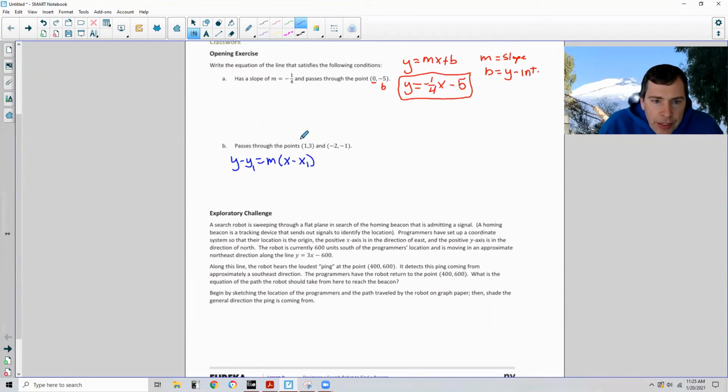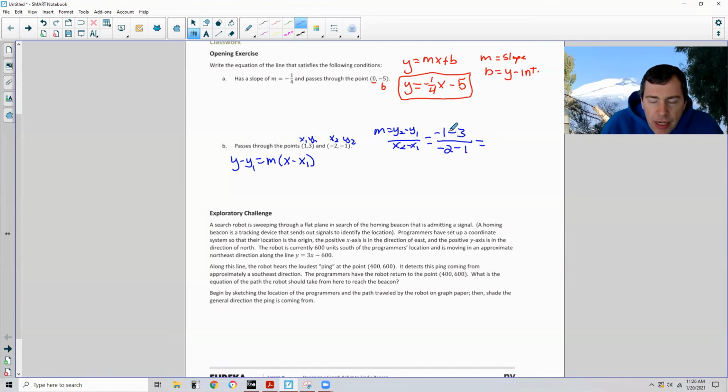I'm going to name this x1, y1, and this x2, y2: the x from the first point, the y from the first point, the x from the second point, the y from the second point, and that's where that comes from. Slope equals y2 minus y1 over x2 minus x1. So I just substitute in y2 minus y1 over x2 minus x1.